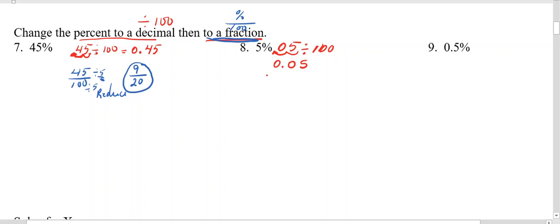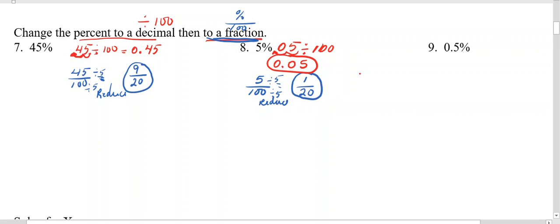To write it as a fraction, I take my percent or my decimal, it doesn't matter, and write it as 5 over 100. Then remember, you always have to reduce. 5 goes into 5, and 5 goes into 100, so I get 1 over 20. So my 5% as a fraction is 1 over 20, and as a decimal it is 0.05 or 5 hundredths.